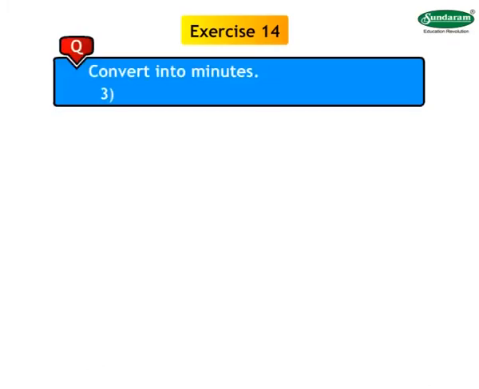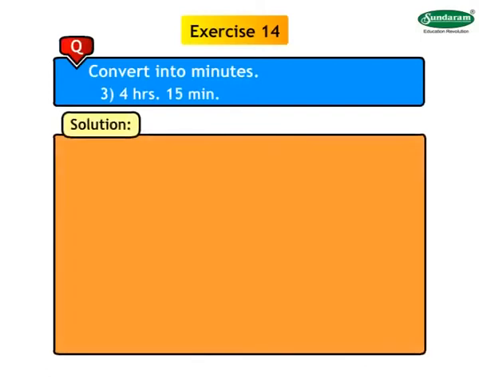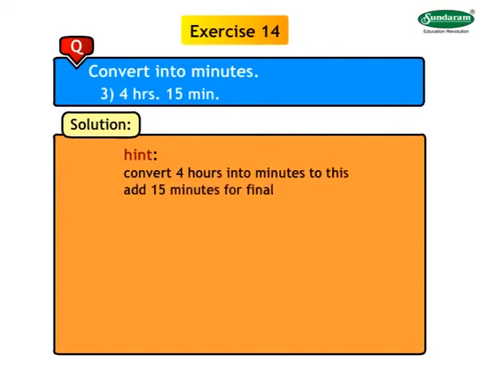3. 4 hours 15 minutes. Solution. Hint. Convert 4 hours into minutes and add 15 minutes for the final answer. 4 hours 15 minutes. 4 into 6 is equal to 24. Thus, 4 into 60 is equal to 240.